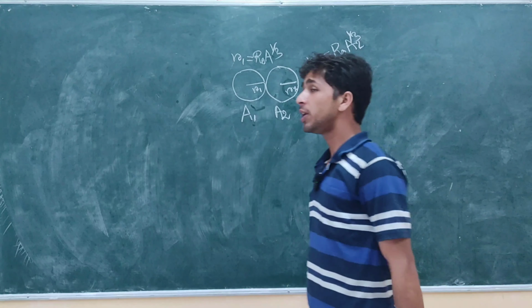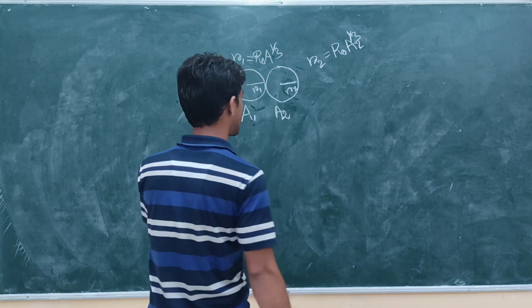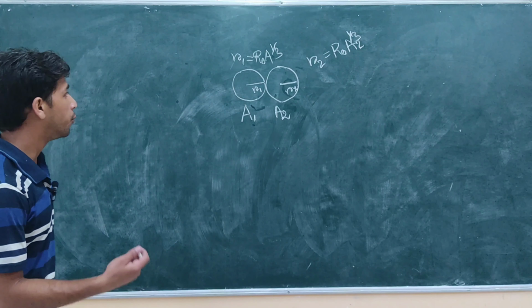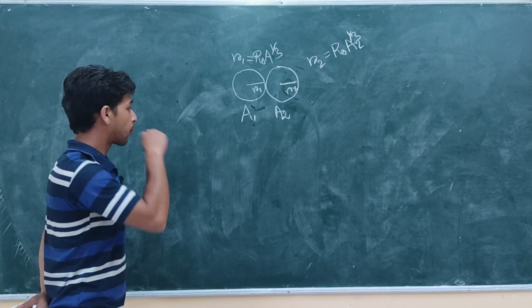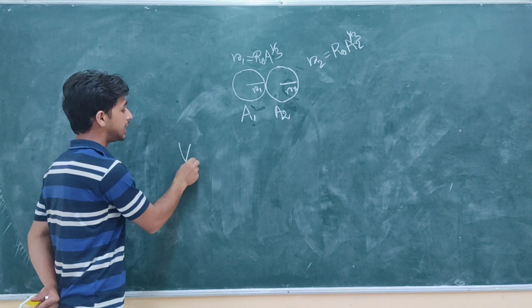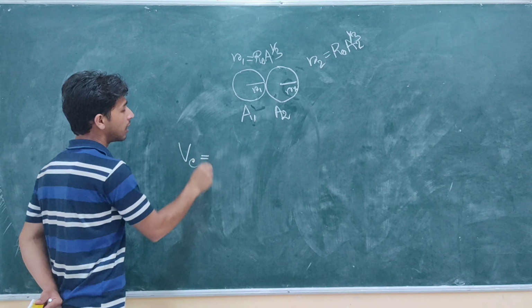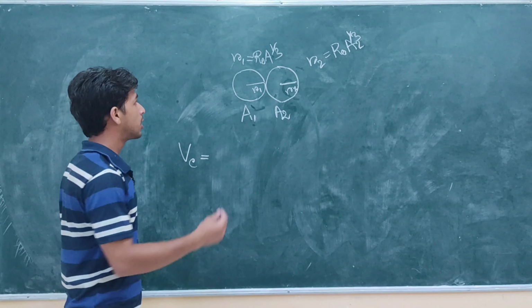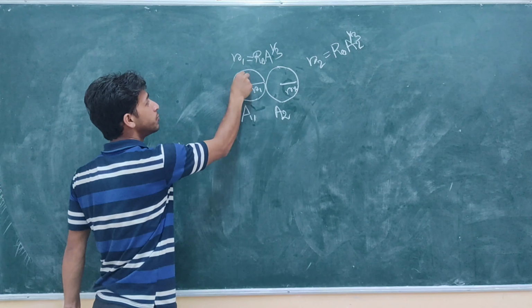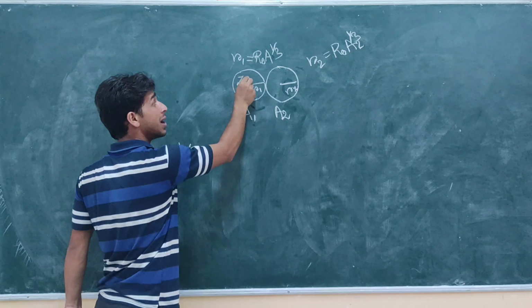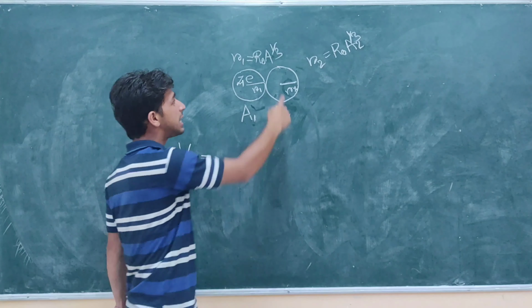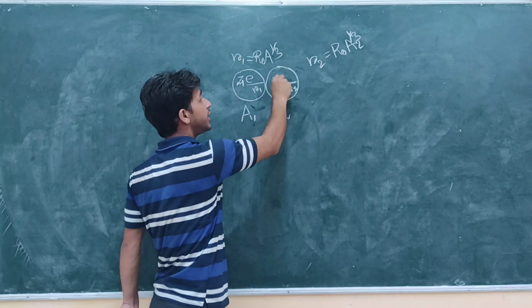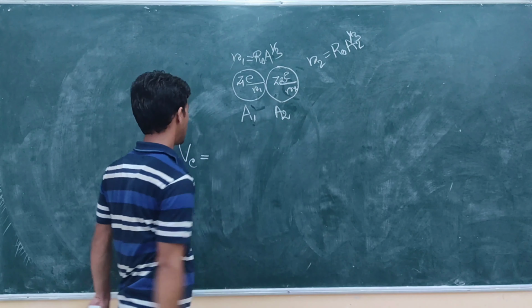Now let's calculate the Coulomb barrier potential in this case. We know the Coulomb potential Vc is given by the charges of these two nuclei. Let's assume one charge is Z1e and the other charge is Z2e.